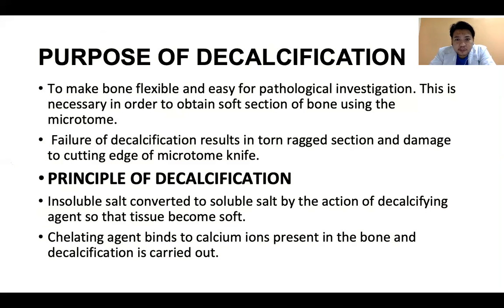The purpose is to make the bone flexible and for pathological investigation. The principle of decalcification is that insoluble salt is converted to soluble salt by the action of a decalcifying agent so that the tissue becomes soft. The chelating agent binds to calcium ions present in the bone and decalcification is carried out.